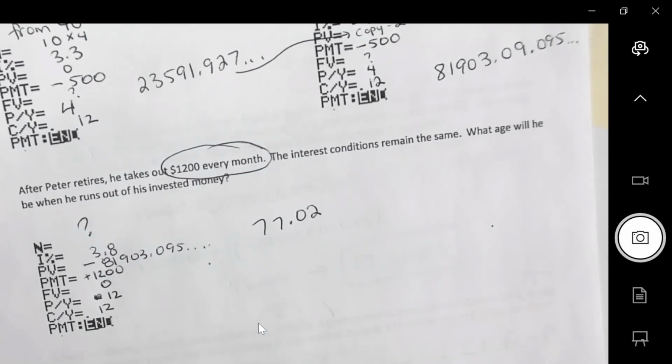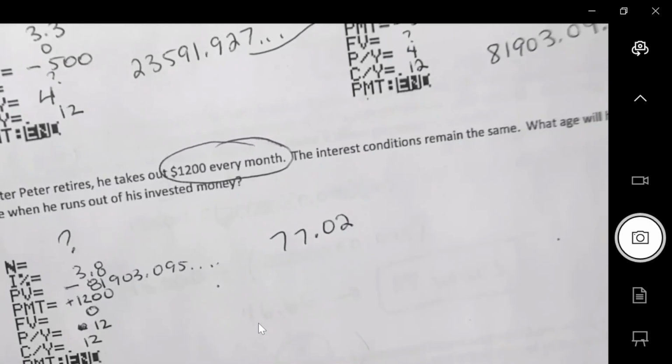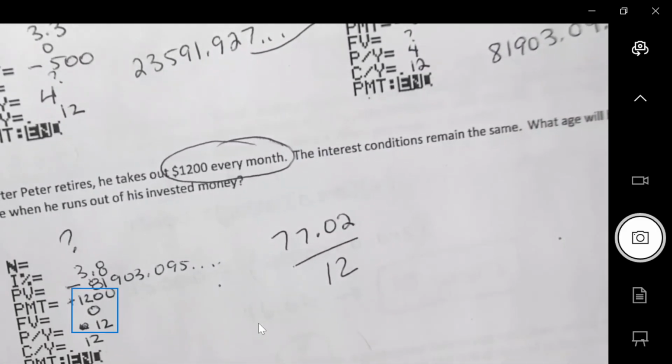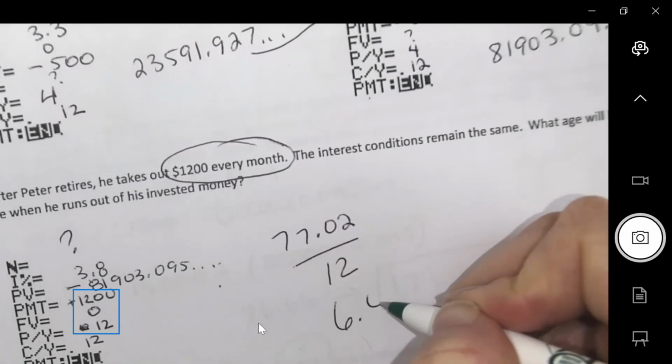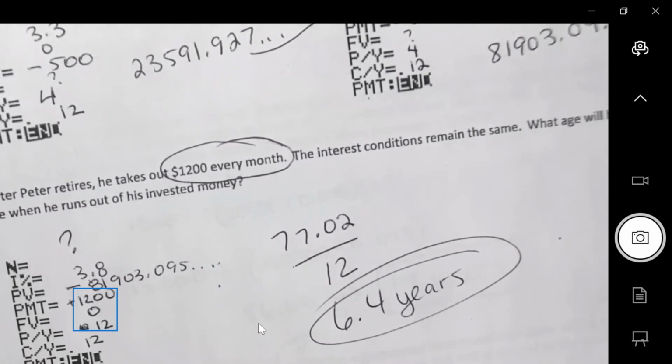Again, you had to do a copy and paste, and understand that that's a positive 1,200. So after retirement, he's going to run out of money in 6.4 years.